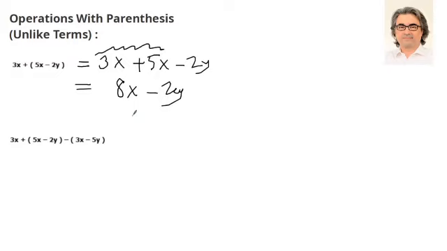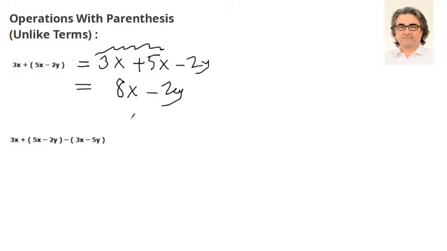Maybe x may represent an apple, and y, for example, a banana. So 8x means 8 apples. 2 times y means 2 bananas. So I have 8 apples and 2 bananas, but I ate 2 bananas. So there is nothing to make for these two terms because they are unlike terms.